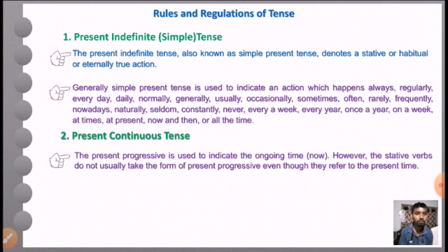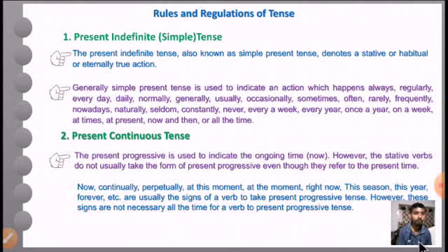You may have understood the sentence. Any work which we want to indicate is still going on, started and still going on, in that case we can use present continuous tense. So this is one rule of using present continuous tense.